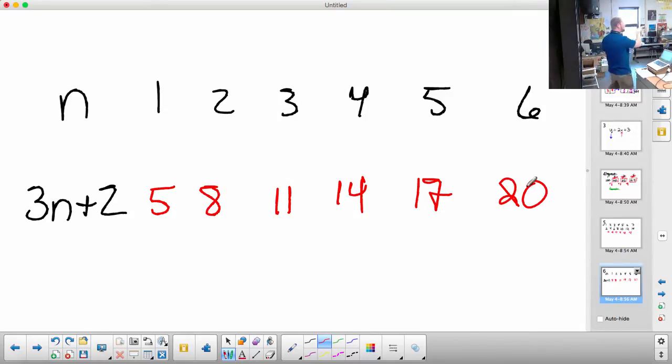So it becomes more than an input-output XY situation. Sometimes they'll have you do it both ways. Sometimes they'll give you the sequence and they want you just to say what it's going up by. Sometimes they'll ask you, is it arithmetic or is it geometric or both or neither, which I don't think there is a situation like that. Sometimes they'll ask you to identify the nth term. Sometimes they will ask you to write the function for the sequence.